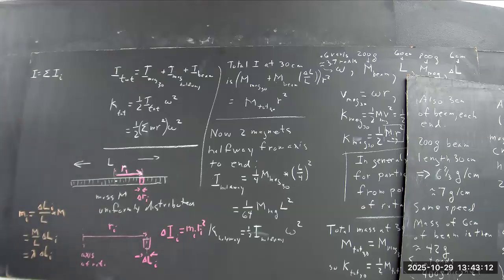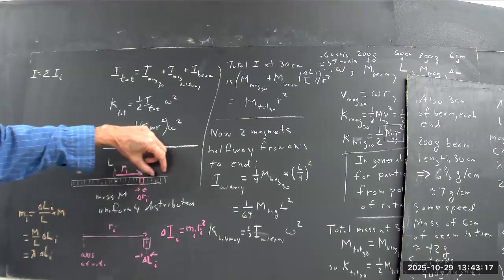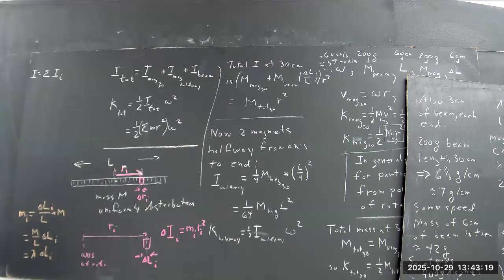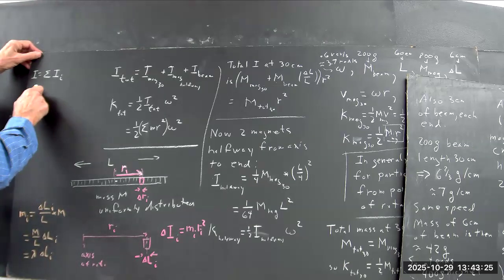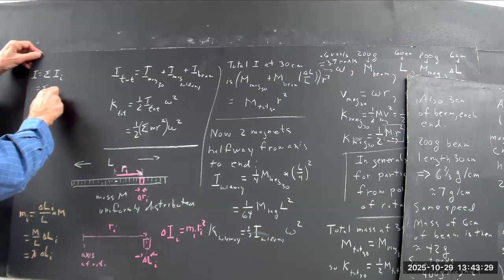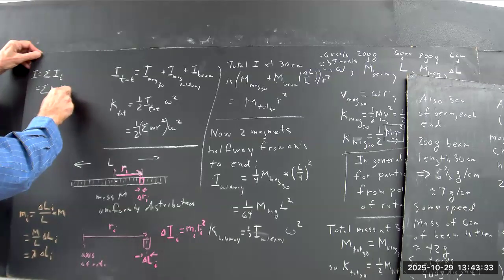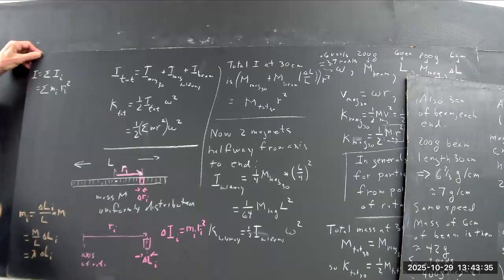I'm just going to write the sum, indicating the sum of all the moment of inertia contributions of all these segments. And that's the sum of m sub i r sub i squared.